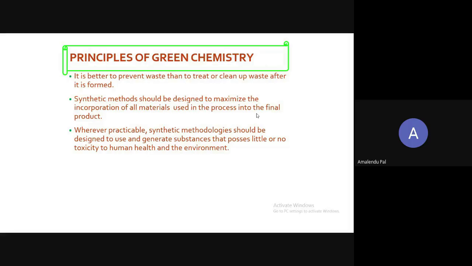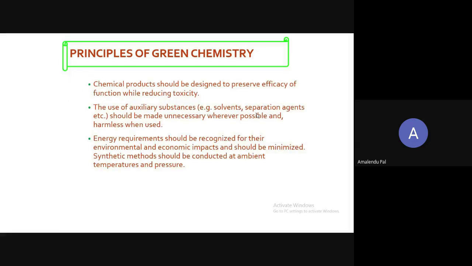And whenever practical, synthetic methodology should be designed to generate substances that pose little or no toxicity to human health and the environment. So we have to adapt some synthetic methods in our lab so that there are no environmental problems or human health problems.